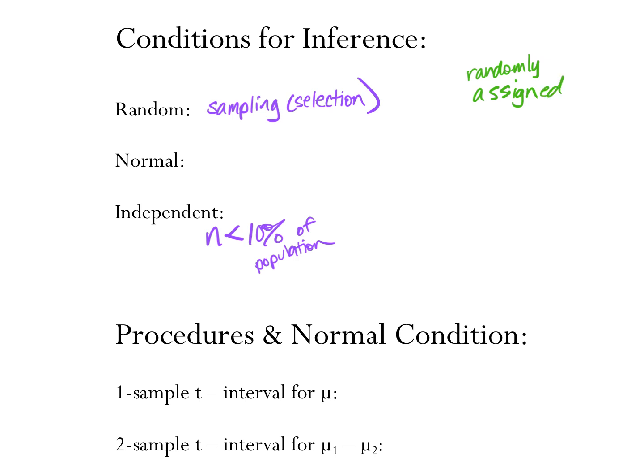So if our treatments are randomly assigned, or when we get down to it and we talk about paired procedures, if the order of the treatments is randomly assigned, we check that condition by saying individual responses to the treatments are independent.